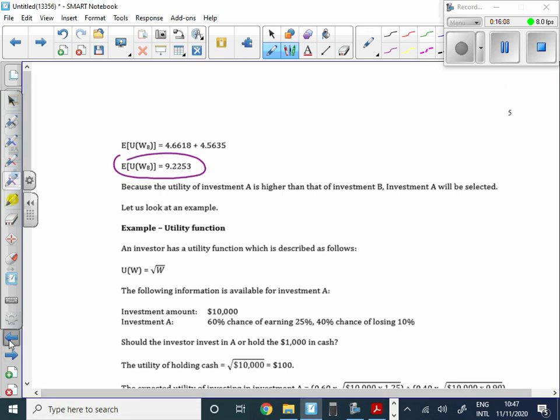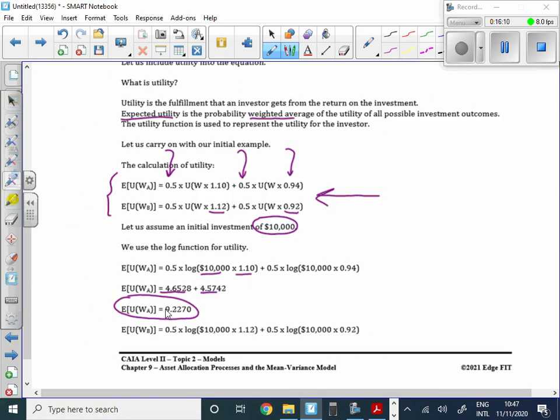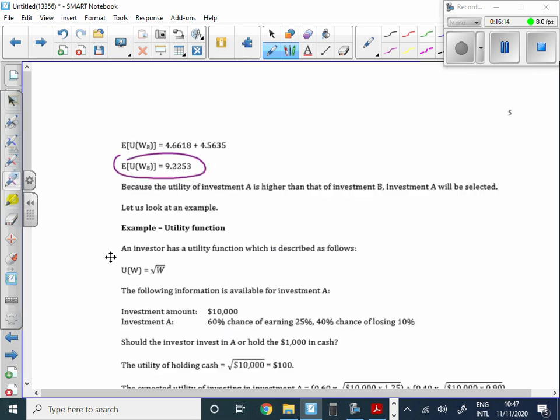So if we look over here, there is your utility 9.2270 for A, and it has 9.2253. Utility of A is higher, and if I'm just looking purely at utility, then yes, I would go for investment A over B. If I was looking at risk-adjusted returns like we did initially, yes, I would also go for investment A over investment B.